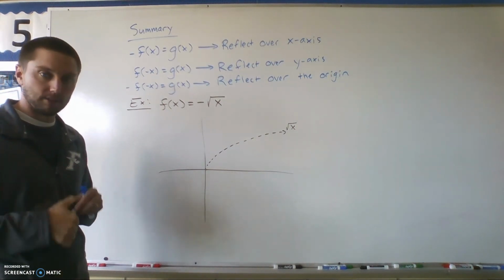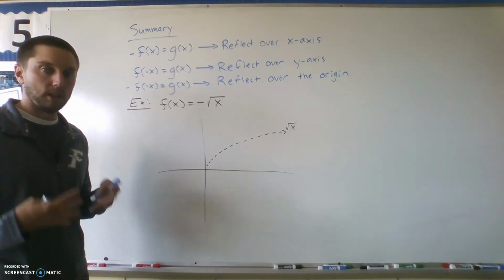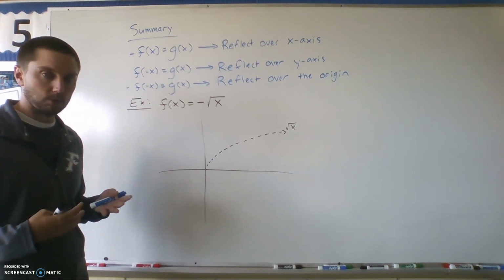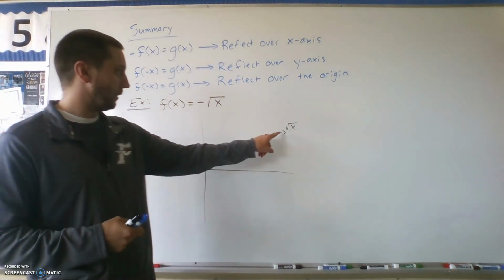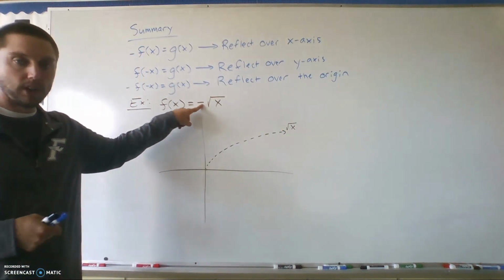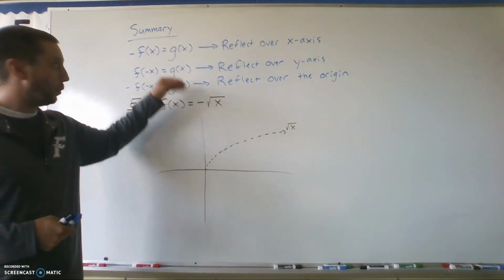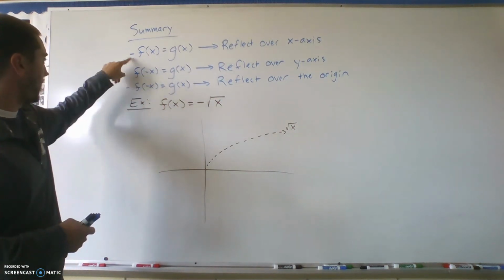Okay? So if I want to graph negative square root of x, I have to be able to recognize, what am I doing to this function? What does that negative do? The negative is out in front of the whole function. Square root of x, all I did is I took a negative and I put it out in front of the function. So which reflection am I actually going to be doing here?